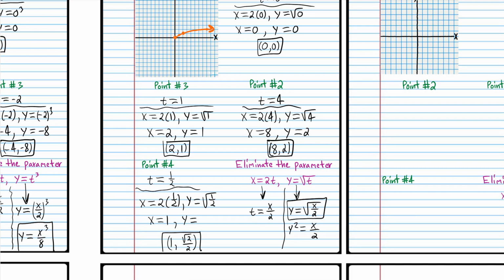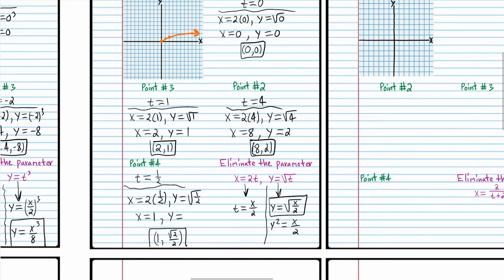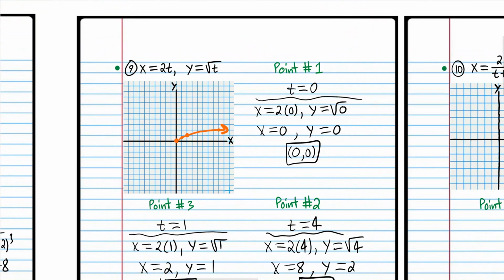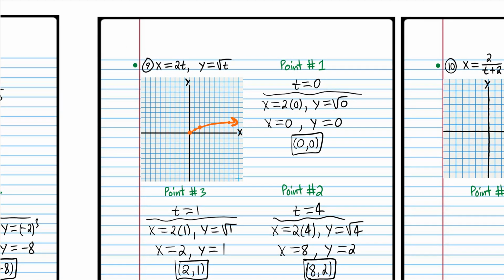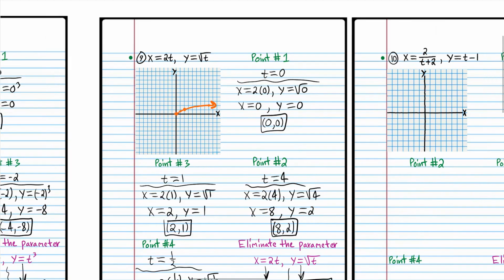But the problem is it's cut off. So the green equation does not cut anything off. The green equation down here will graph the entire parabola. But if you define x and y with these variables, then it has to cut off part of the parabola because t cannot be a negative number.